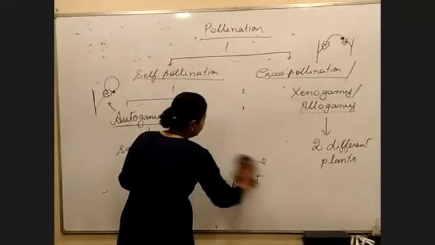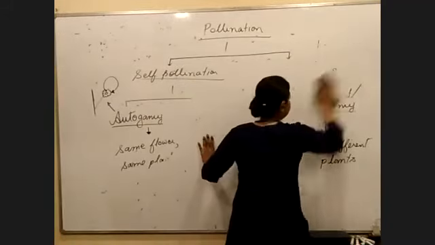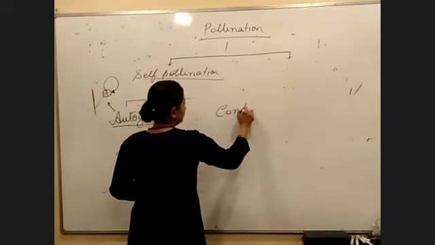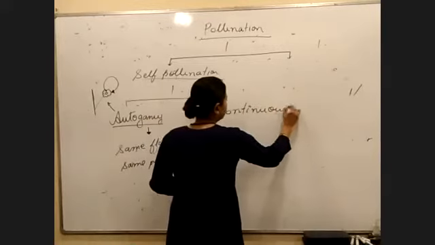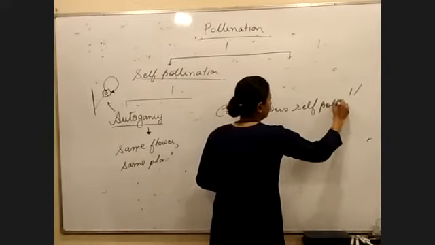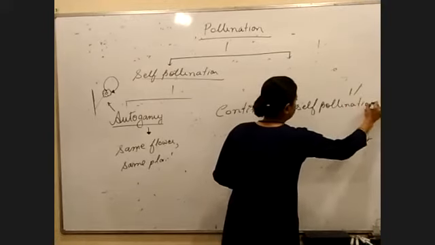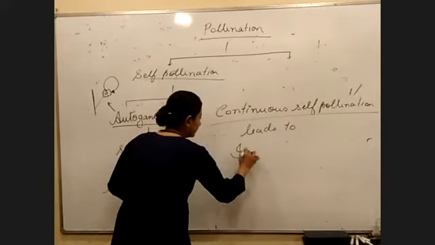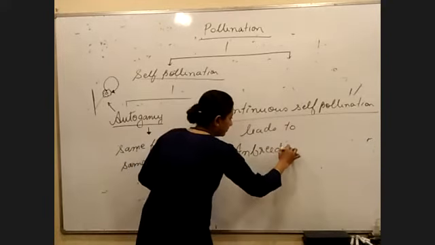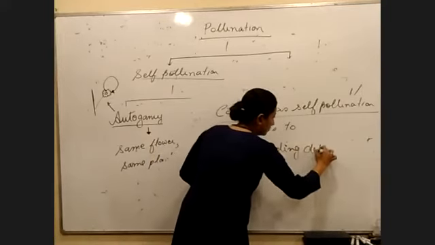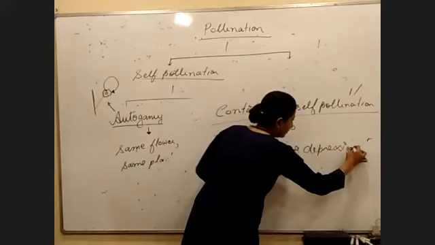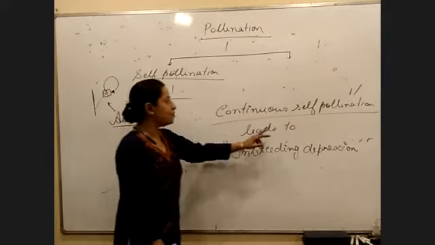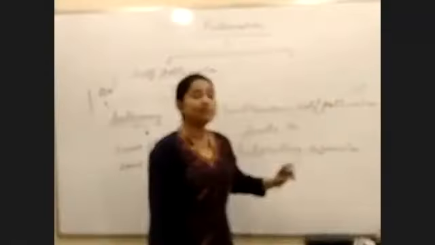Continuous self-pollination leads to inbreeding depression.